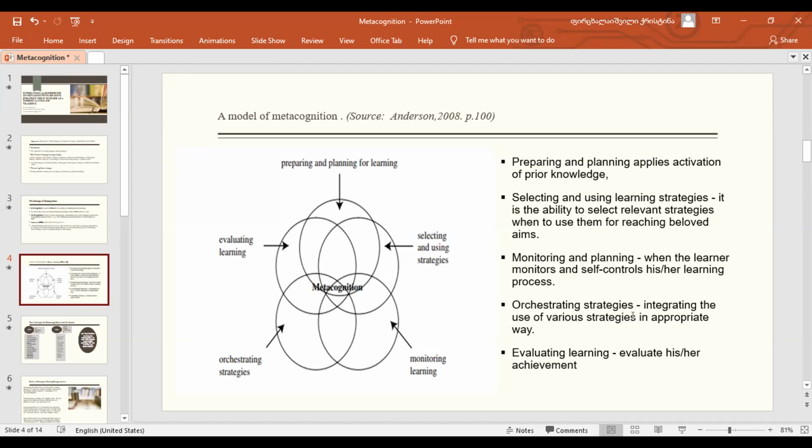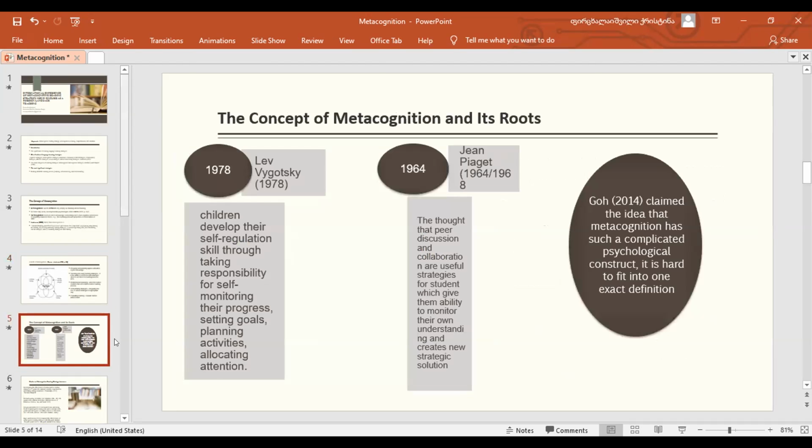Orchestrating strategies is when a student integrates the use of various strategies in an appropriate way. And the last one is evaluating learning: evaluating his or her achievement is also done by students.